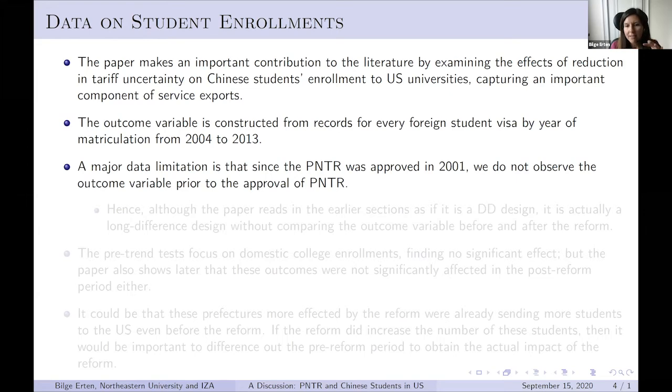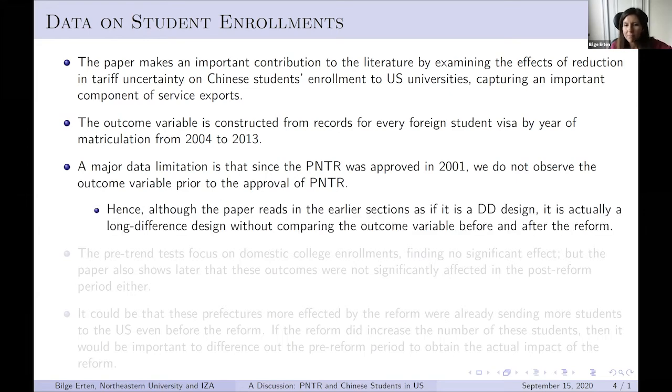So even though the way the paper is written seems to be a diff-in-diff design, for a diff-in-diff design, we need to be able to difference out the effect in the earlier period. But because the data starts from 2004, it's a long difference design without comparing the outcome variable before and after the reform.